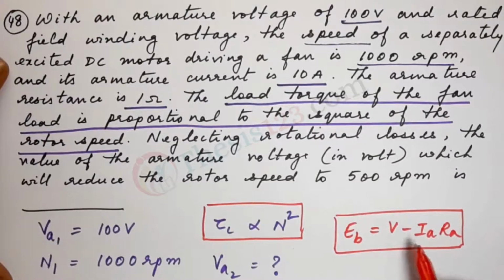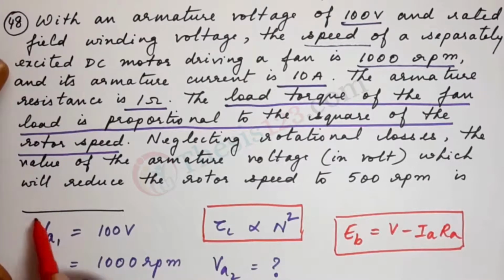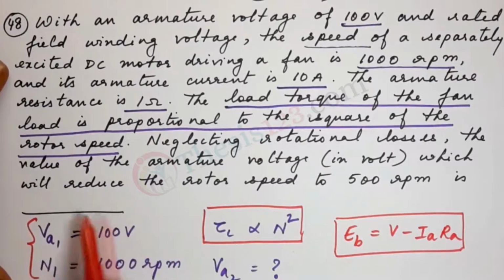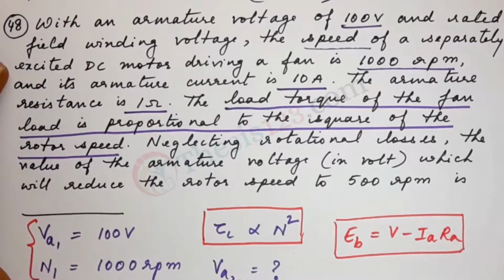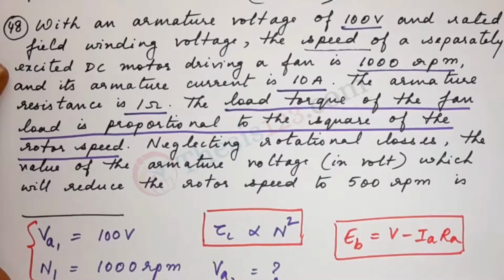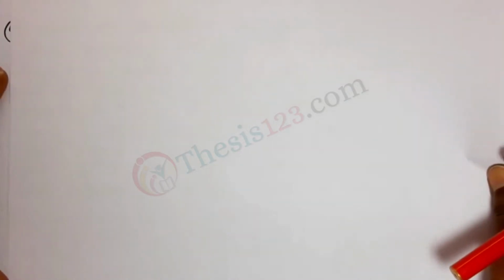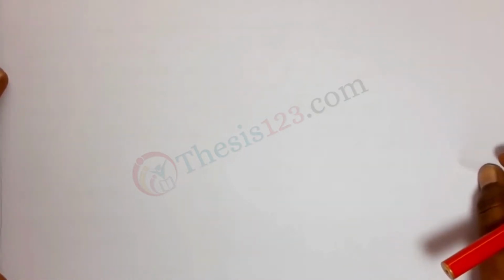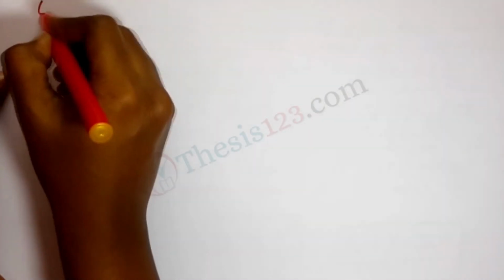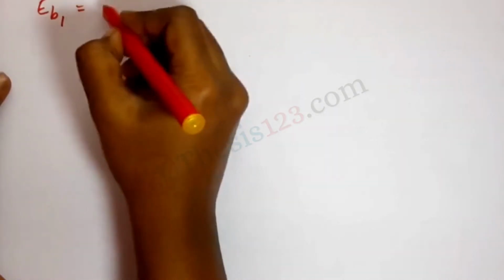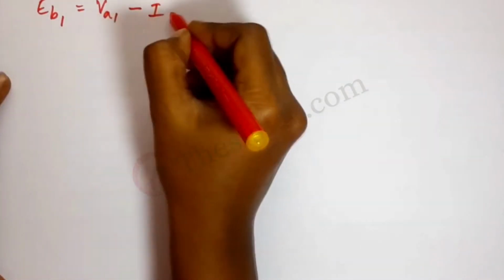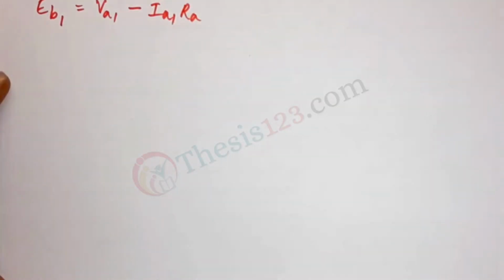Now let's use this in order to find out the back EMF at the first set of values. So we are going to use the relationship that I've just written, and let's find out what is the value of EB1 when we have the values of the armature voltage, the armature current times RA.